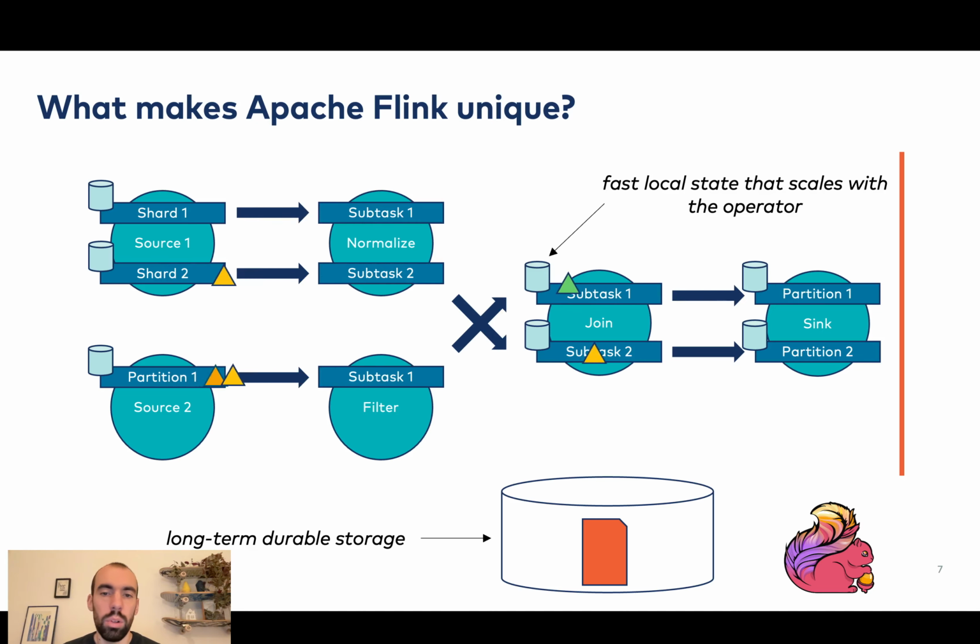Could be, for example, an S3 bucket. And once this is stored there, this durable snapshot can be used for fault tolerance in case some of the operators go down, or it can be used for versioning your application to try out different versions of your application.